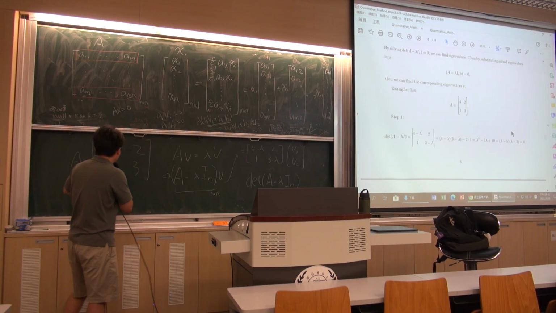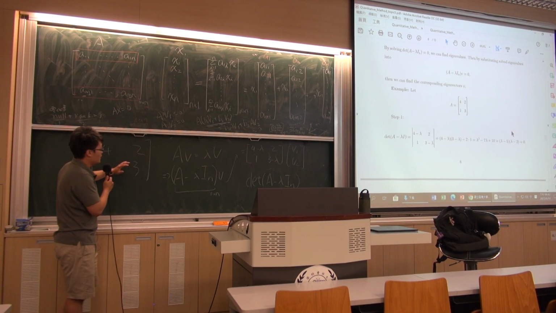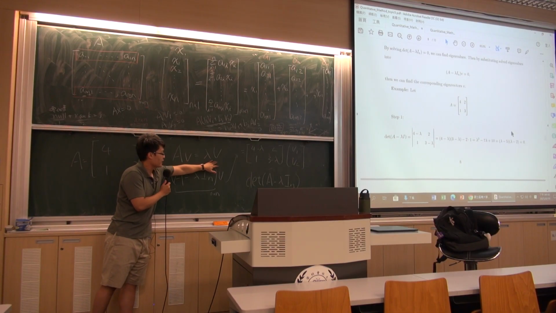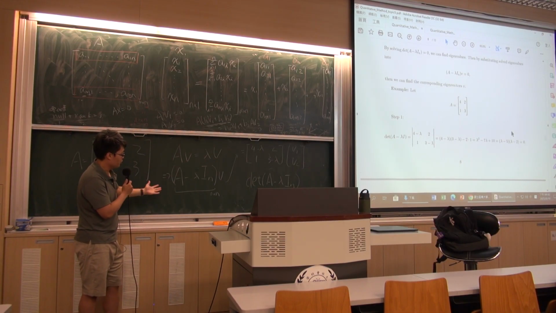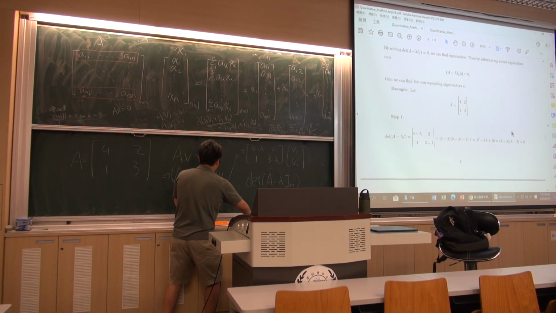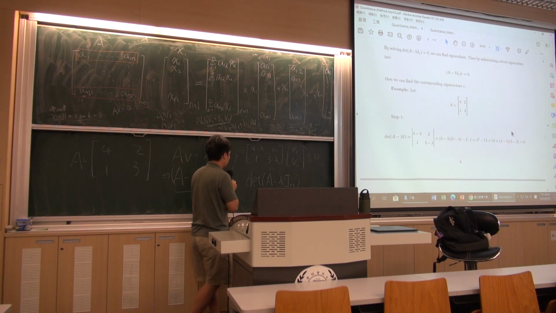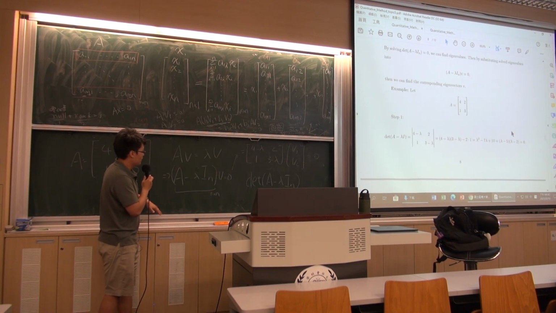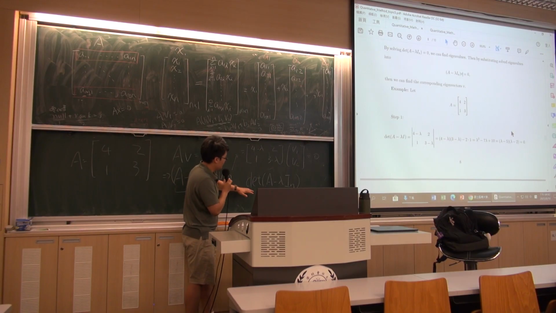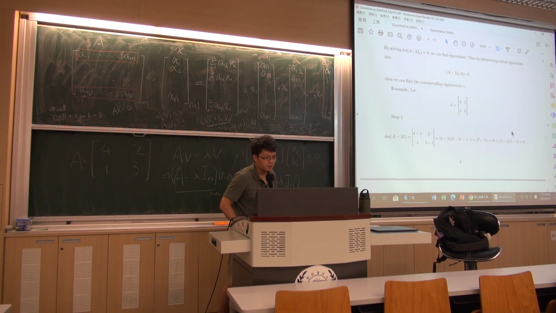Once you get the matrix here, we want to know the eigenvalues and eigenvectors. So what do you do? You put the formula here. This equals 0. Okay, and then what's next?